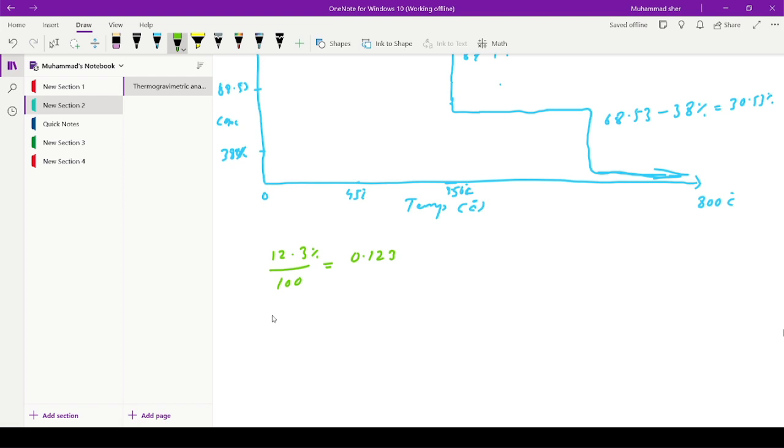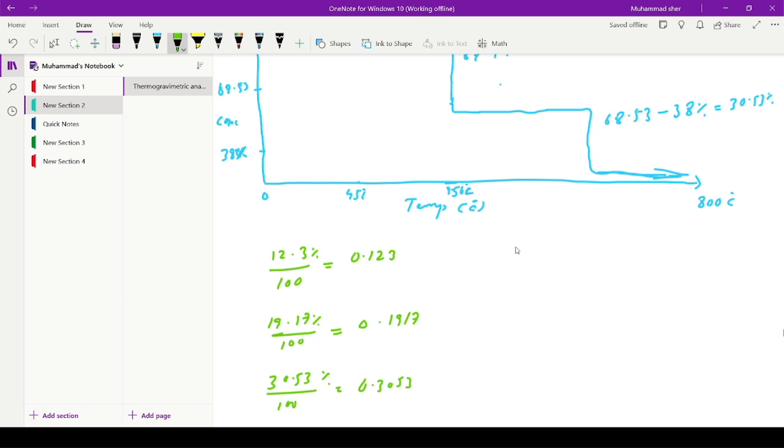Similarly, for the second step we obtained 19.17%, which gives 0.1917. For the third one we obtained 30.53% divided by 100, which is 0.3053.